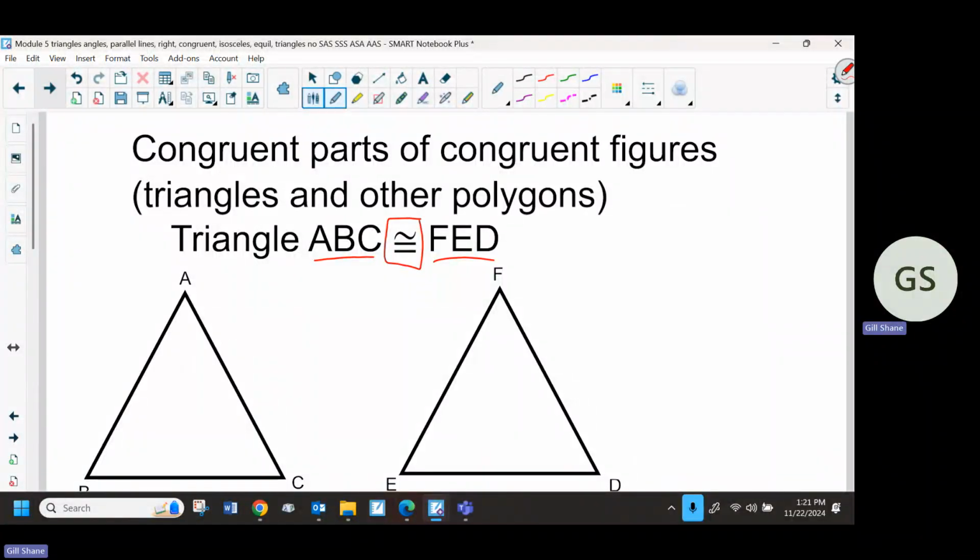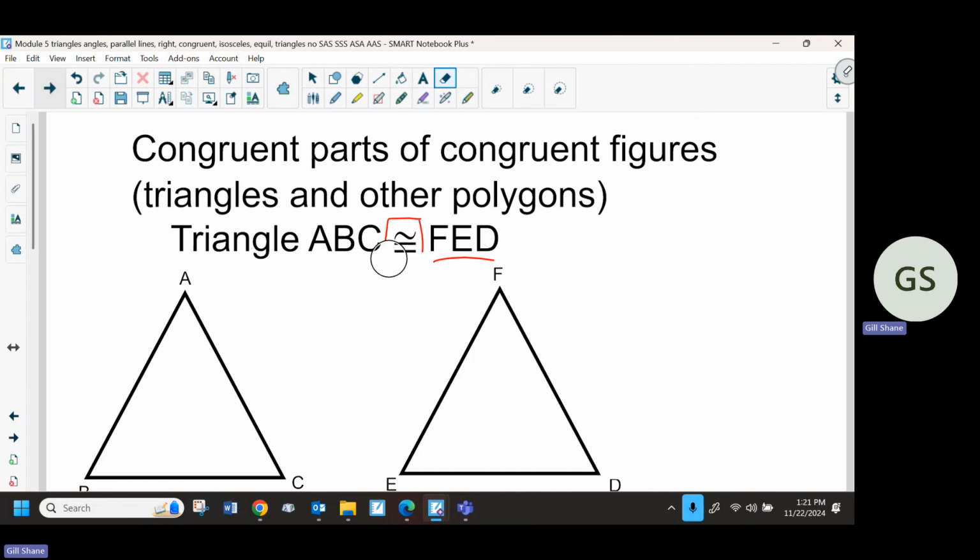Congruence means that that triangle would lay exactly on top of that triangle. Equals would be more about the sides of it. That side is the same length as that side, like actual numbers, not just shapes. So that's the only difference really between congruent and equals. Sometimes they do congruent, sometimes they do equals.